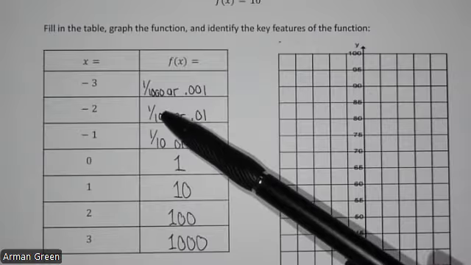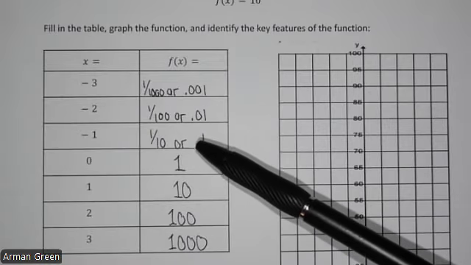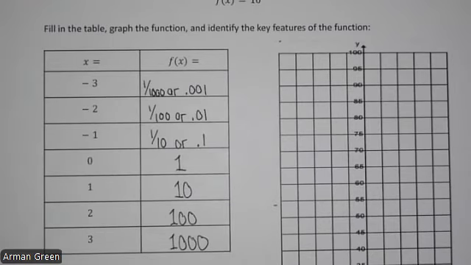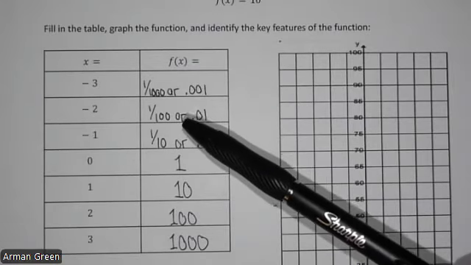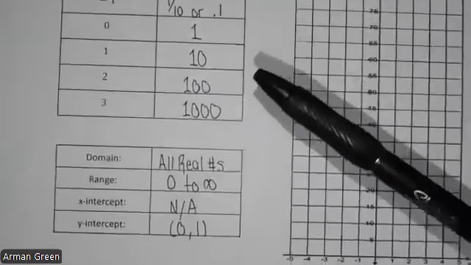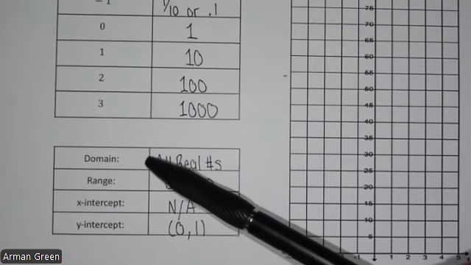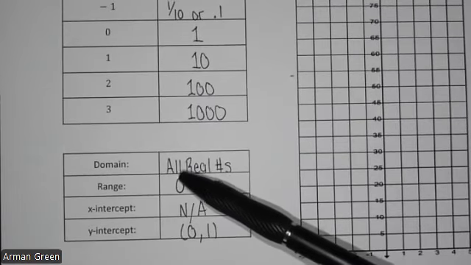The next one, you should have got 1 over 100 or 0.01. Then you should have got 1 over 10 or 0.1. Then you should have got 1, 10, 100, and 1,000. All right, so those are our y values for this function. Then when we fill out this section here, because we can plug in any number we want, positive, zero, or negative, the domain is all real numbers.